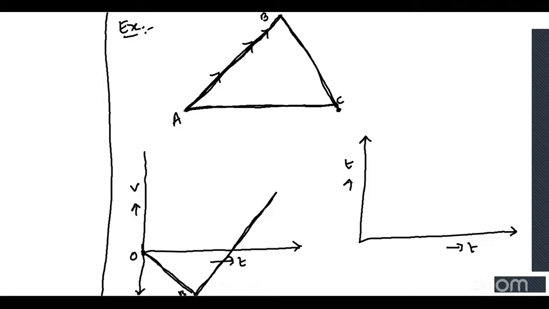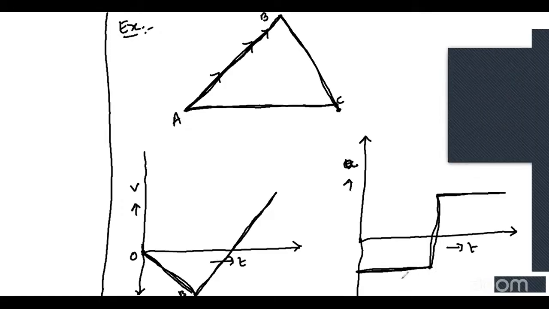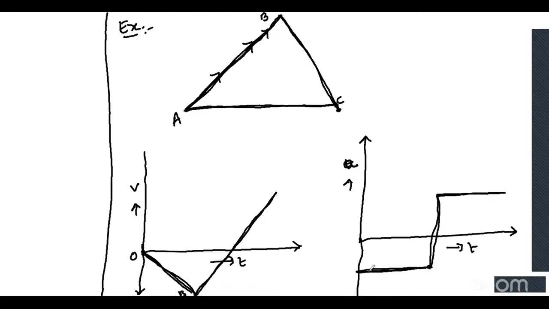Acceleration from O to B, as velocity is decreasing, acceleration will be negative, and it is a constant. And thereafter it is increasing like this. This is the path O to A. Here it takes a time T1, this is T2.